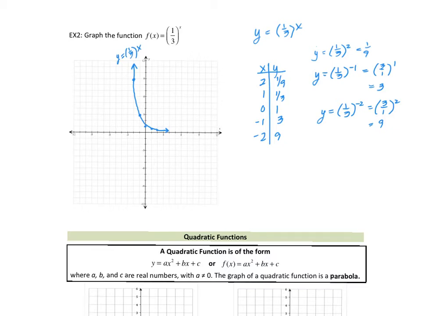In our previous graph, we had 1, 3, 2, 9, and it looked like this. So that would be the graph in red. That's y equal to 3 to the x. So if you flip the base, you really are just flipping the graph across your y-axis. Okay? And if you look at the ordered pairs or table of values, they're all the same.